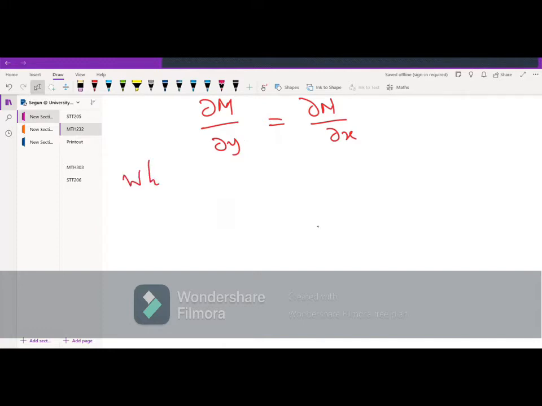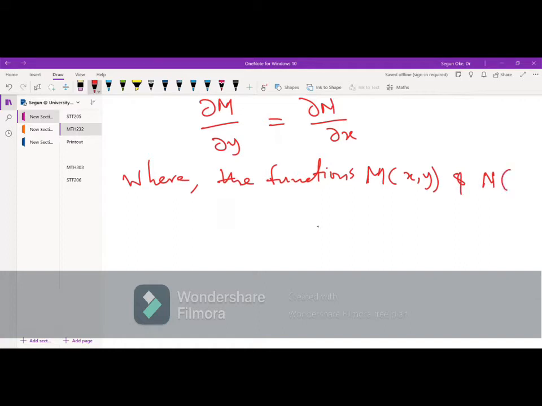That is where the functions M(x,y) and N(x,y) have continuous first order partial derivatives.